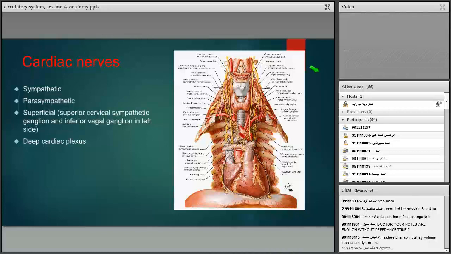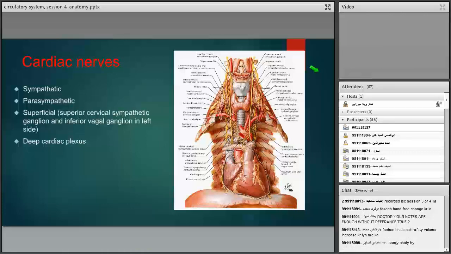The cardiac nerves. We said that the heart has a conducting system, the SA node and AV node, and the SA node is a pacemaker which starts the impulses of the heart. But it is not the case that the nervous system does not control the heart.